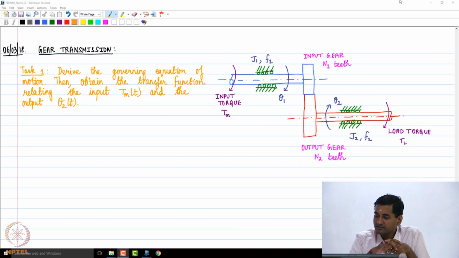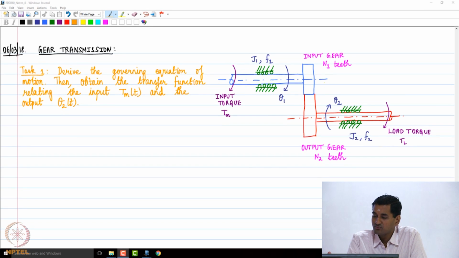The system that we are going to consider is a gear transmission, which is pretty common in many practical systems today. So let's say we have an input gear that has N1 teeth on it, and that is meshed with an output gear which has N2 teeth on it.